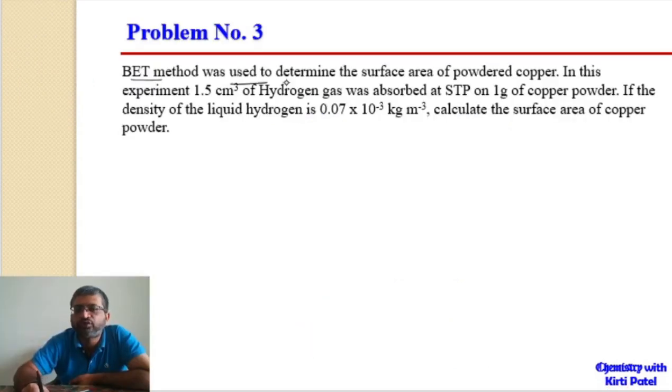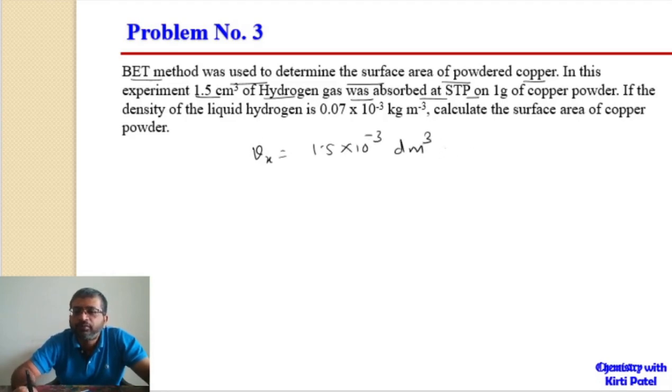BET method was used to determine the surface area of powdered copper. Here the powdered copper is being used as adsorbent. In this experiment, 1.5 cm cube of hydrogen gas was adsorbed at STP. So we have Vx is equal to 1.5 into 10 raised to minus 3 dm cube per gram of copper powder.